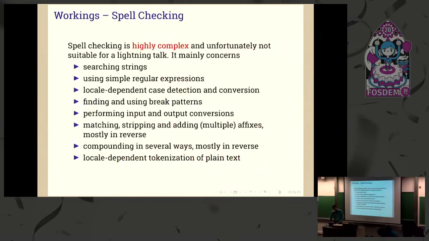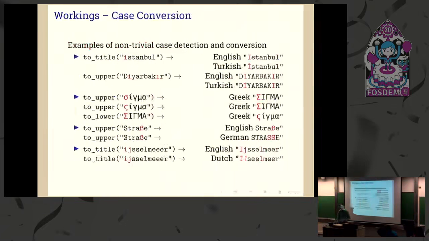So a little dive into spell checking. I won't spend too much time on that unless you have specific questions. This is sort of what it entails. To give some examples that you find along the way, which you don't normally think about: for certain languages, something simple like going to uppercase or lowercase is not trivial at all.